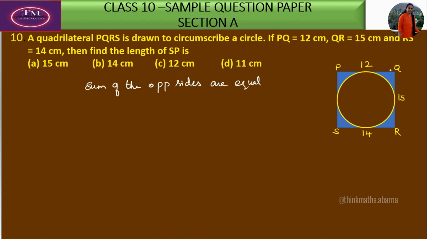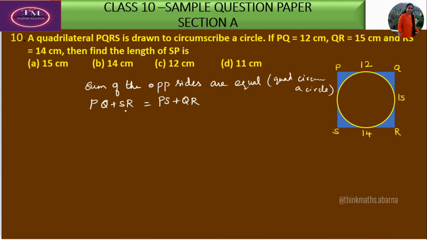That is PQ plus SR will be equal to PS plus QR. This we have proved in the exercise.